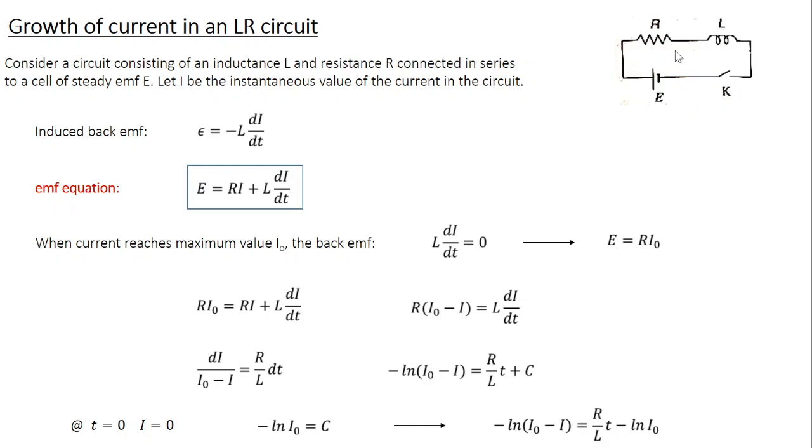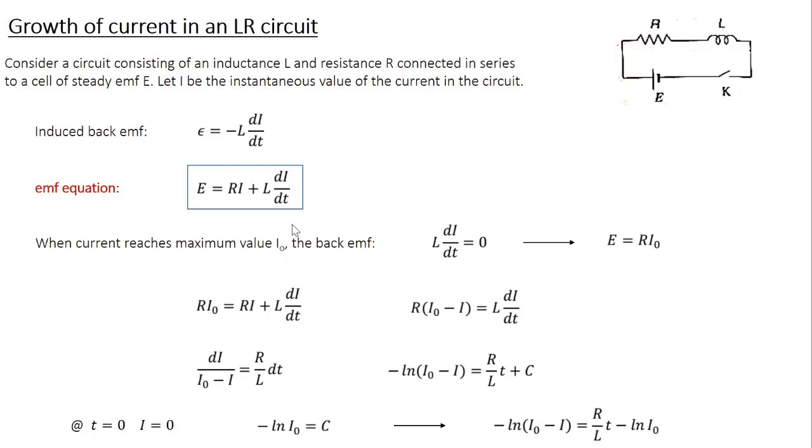So how do we write down the EMF equation? You have the source EMF E, and the back EMF L di by dt is working against it. So the net EMF is E minus L di by dt. This net EMF or net voltage is going to drop across the resistor.